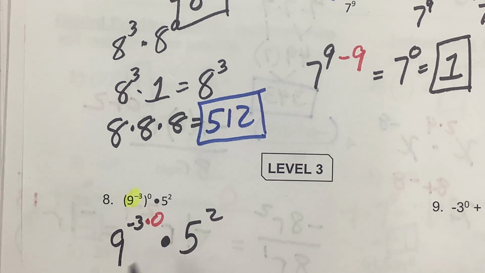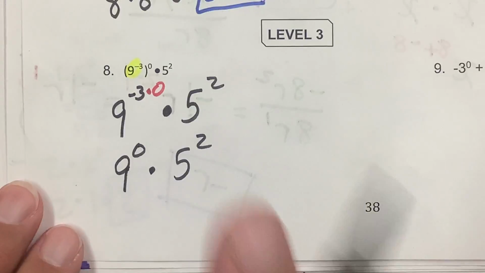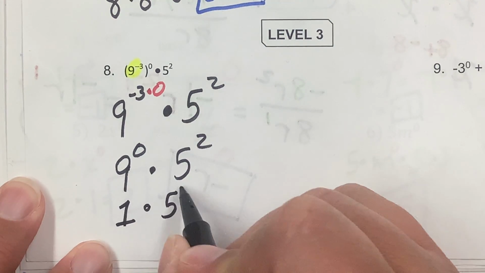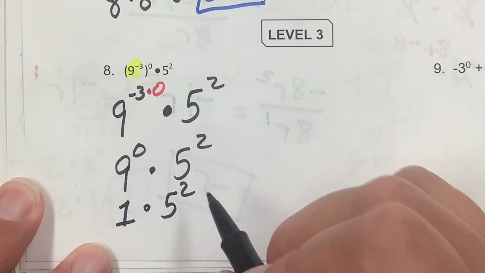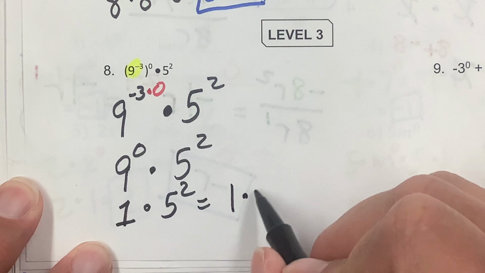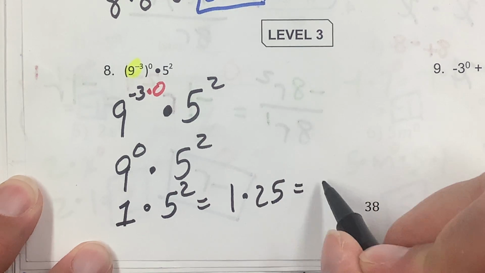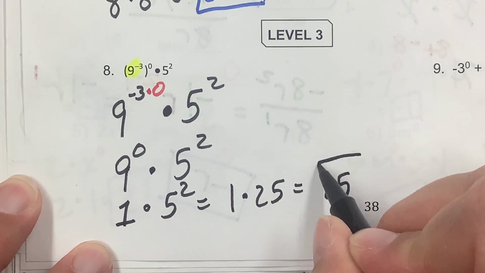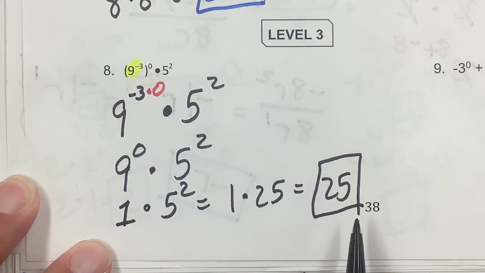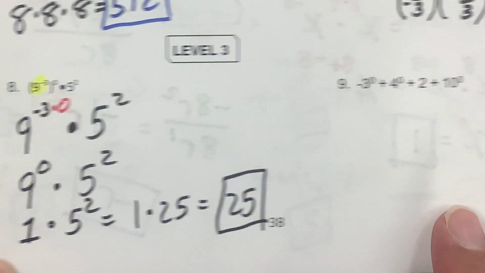Negative 3 times 0, 9 to the 0 power times 5 squared. 9 to the 0 power, that's 1. 1 times 5 squared. Well, 5 squared is 25, so 1 times 25 is just 25. There you go. Exponentially, it would be 5 squared, but evaluated, 25.